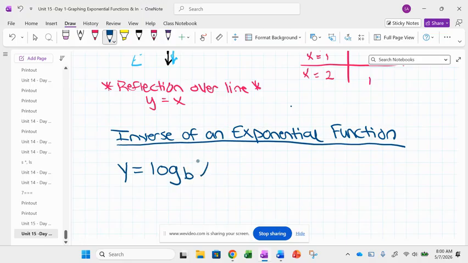Y equals log B of X, log base B of X. So the inverse is always written as a log. But for the purposes of graphing, we always change it back into exponential. So it would be B to the Y equals X.